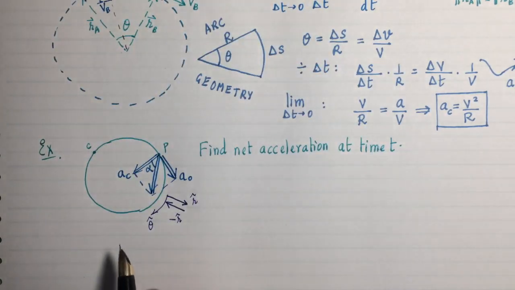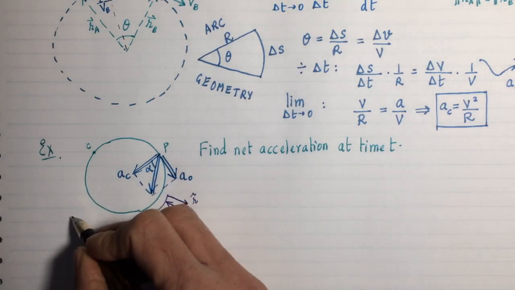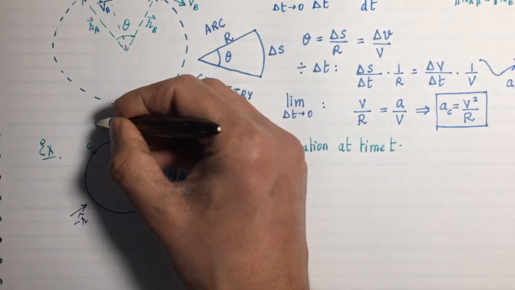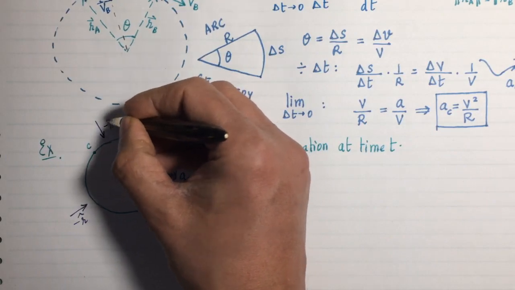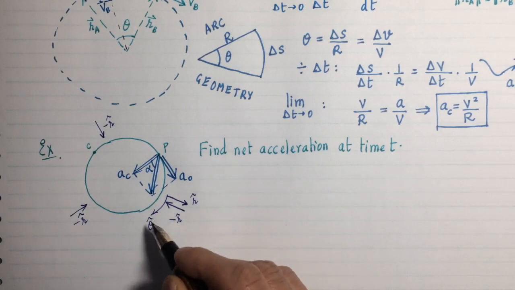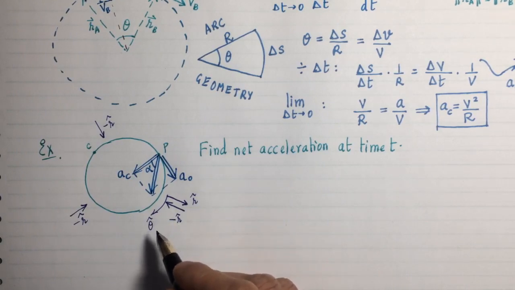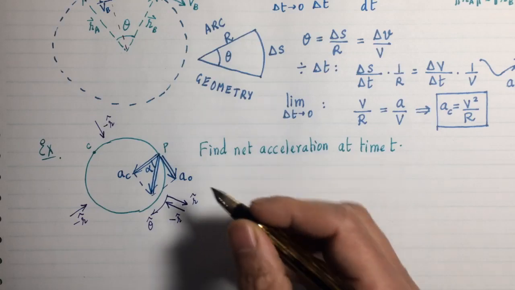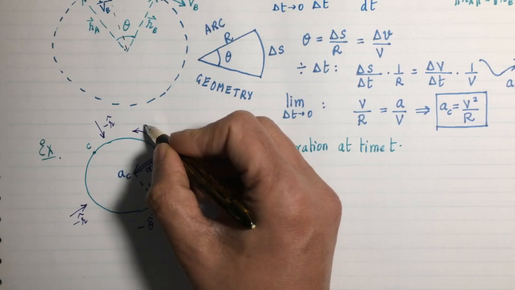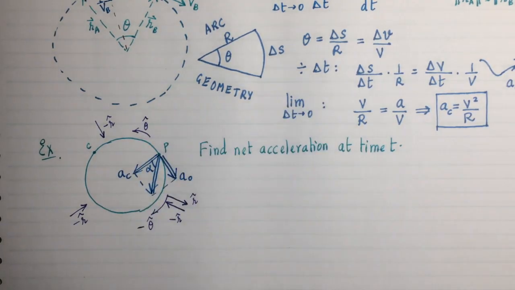This negative r hat simply means that if you go from place to place, whatever vector points towards the center of the circle is always in the negative r hat direction, and whatever vector points in the tangential direction is always in the theta hat direction. Actually this is negative theta hat, positive theta hat if it's going counterclockwise. So this is positive theta hat. So that's the general state of affairs for circular motion. Anyway, that's so much for the direction conventions.